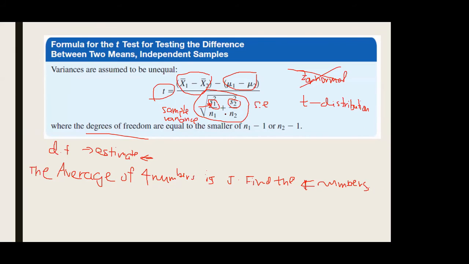Pwede sa chat lang. EJ, can you give me a number? Isa lang ibigay mo sa akin, pero 4 numbers siya, ang average niya ay 5. Can you give me one of the numbers? Okay, so you have 3. Eloisa, can you give me one number? Okay, 6. Good.